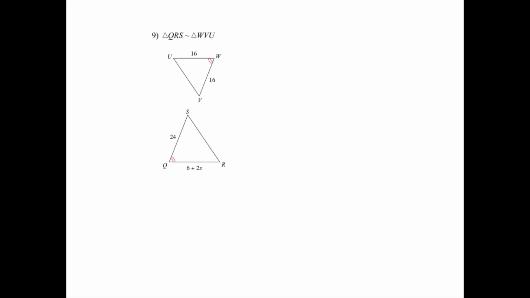Next one, here it's important to see which one is my corresponding angle. So W is corresponding with Q. So in this case, I have 16 over 24 equals 16 over 6 plus 2x. I can simplify this one by 8, so 2 over 3 equals 16 over 6 plus 2x.